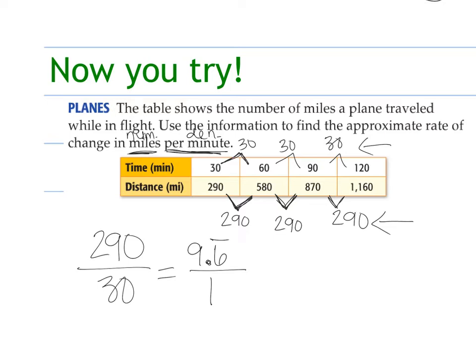It's telling us that it is changing by 9.6 repeating, or we can say 9 2/3 miles per minute. Or the plane traveled at 9 2/3 miles per minute while it was in flight.